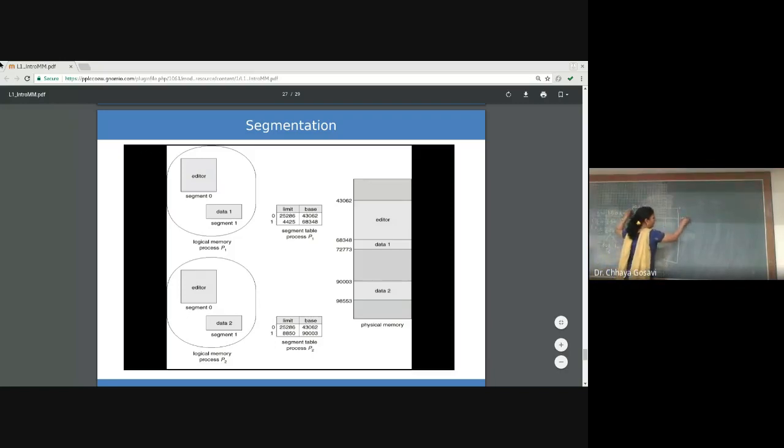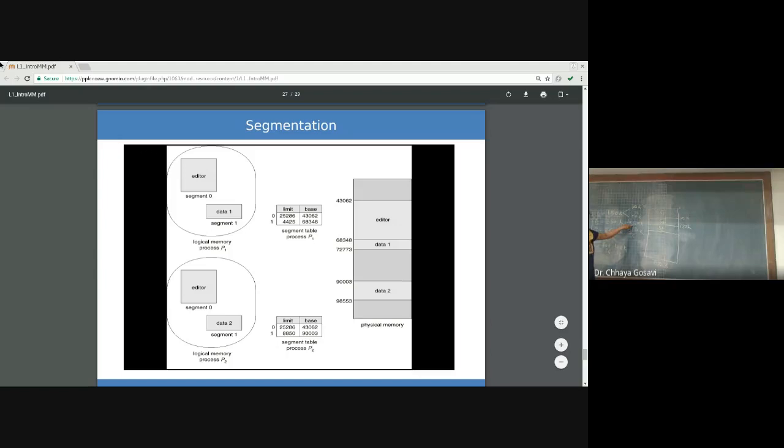So till 100K, we have loaded S1. Then suppose here 80K, we have loaded S5. Then next 120K, I have loaded S3.